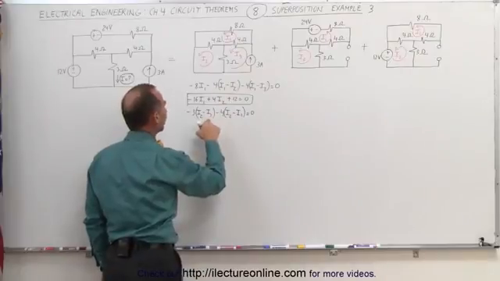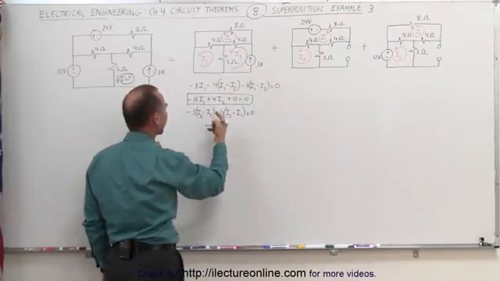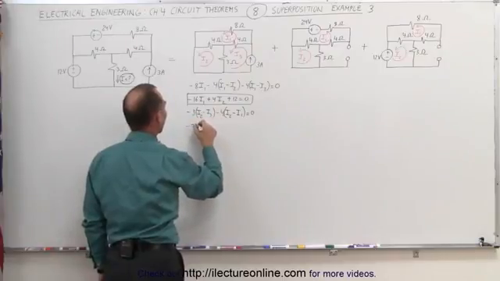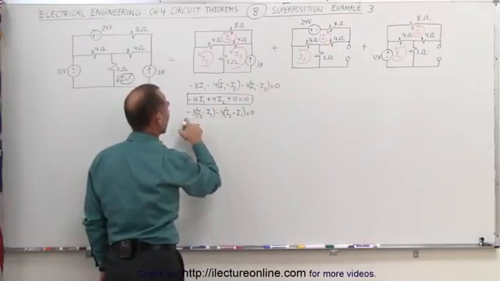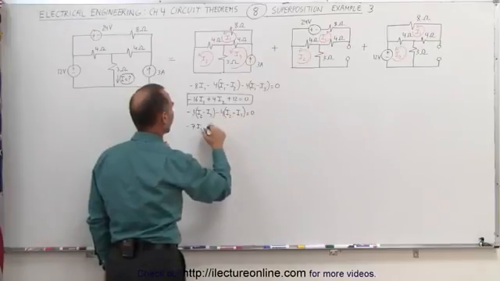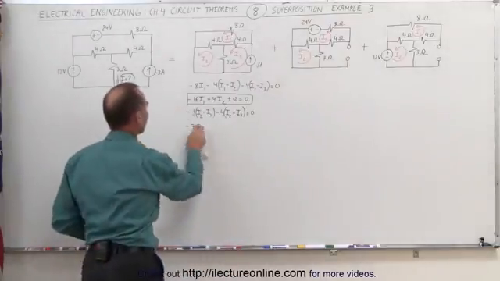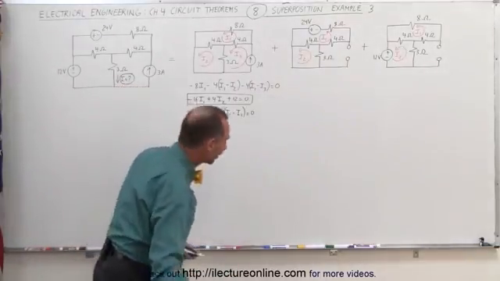I3 is 3 amps. Minus times a minus makes that a plus. We end up with a minus 3 and minus 4, minus 7 I2. We have a plus 4 I1. I think I'm going to reverse the order of those. I like to have the I1 first and I2 second.